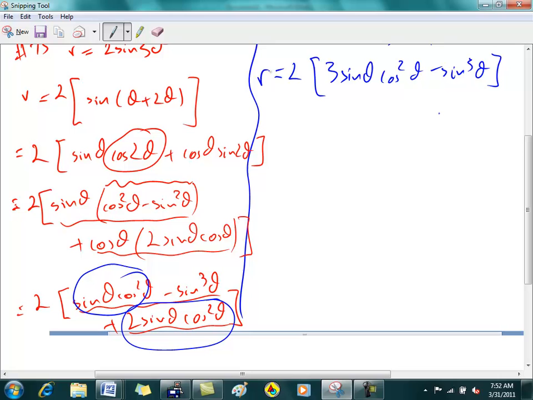Okay. Now back again to invoking these equations. X equals r cosine theta, y equals r sine theta. Good job, guys. Do you see how you've got a sine theta and a cosine squared theta? Do you feel an r cubed coming in there?